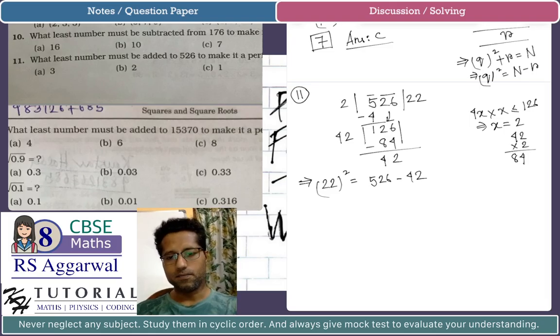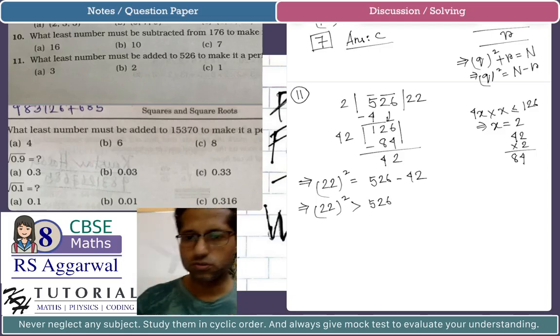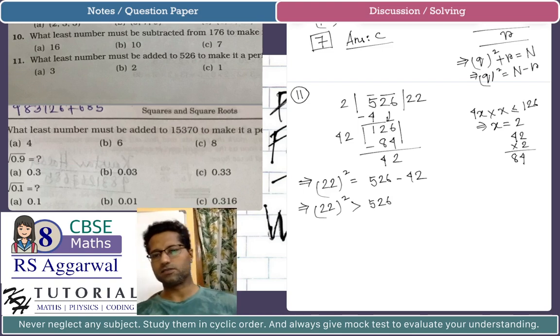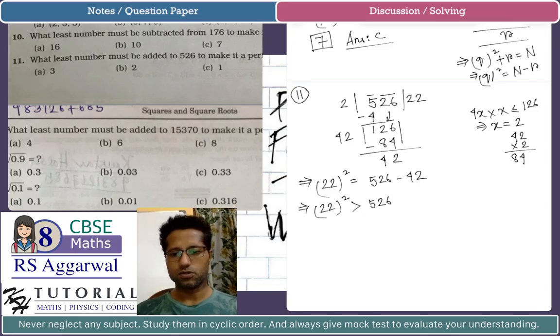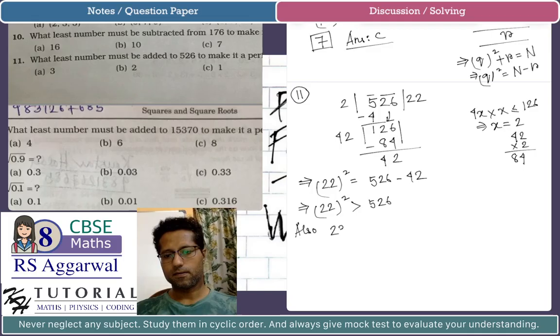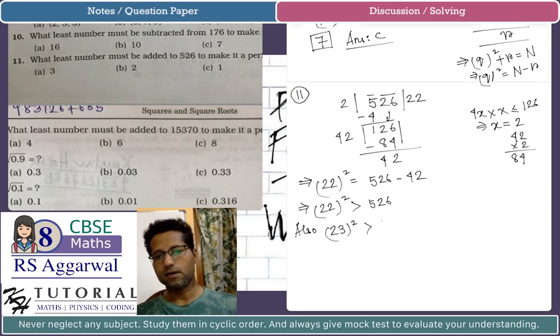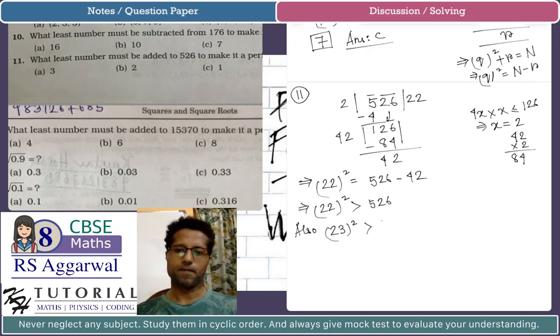So obviously 22 square is not greater than 526, but 22 square is less than 526.